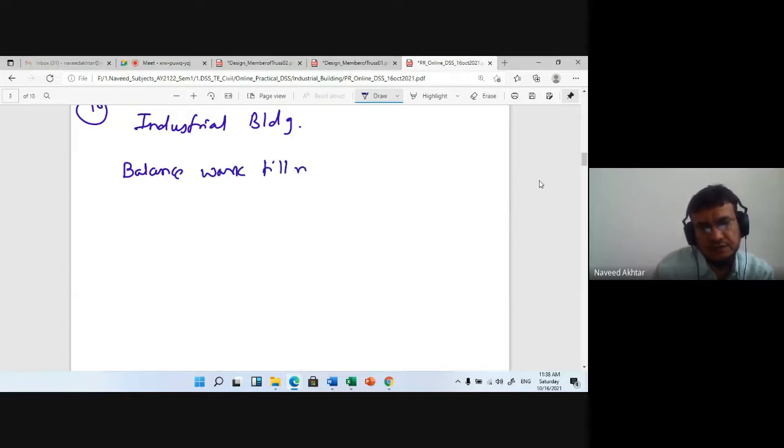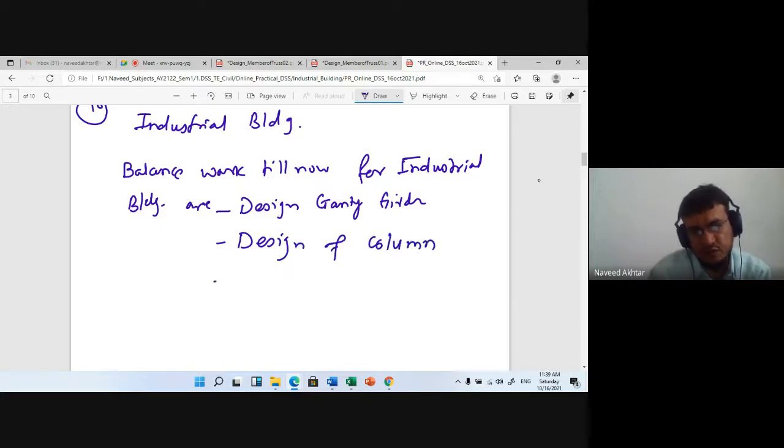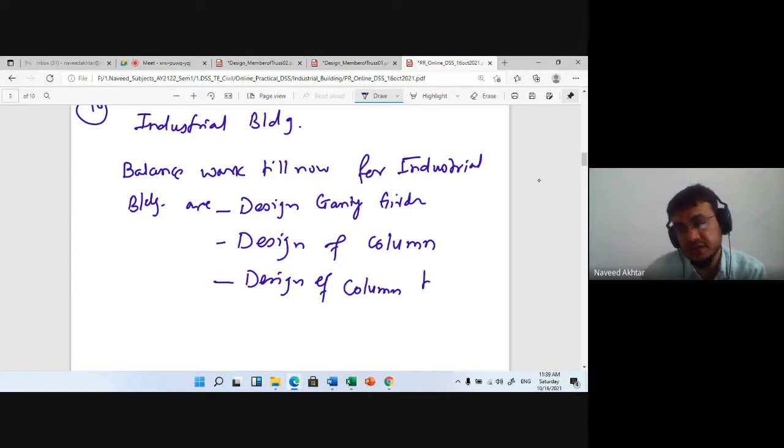Till now for the industrial building, design of gantry girder, design of column with moment, and design of column bases. This much work is remaining.